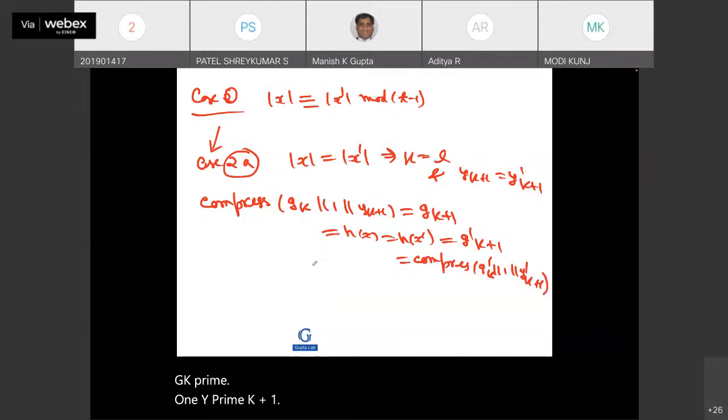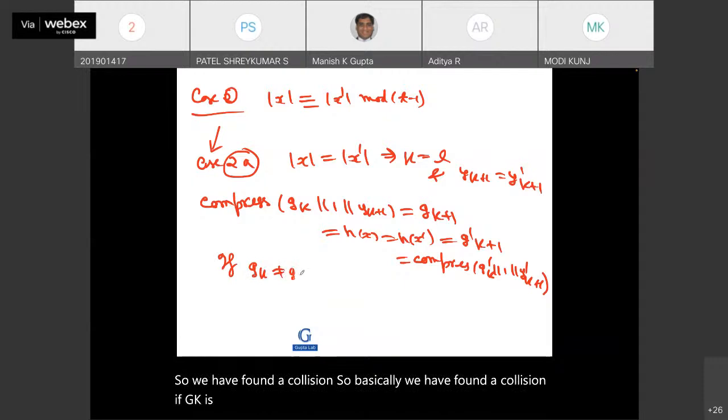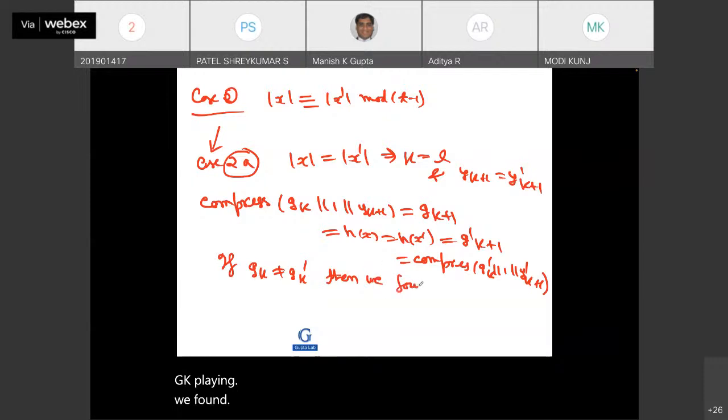Okay, so we have found a collision. Basically, if g_k is not equal to g_k prime, then we found a collision for the compress function.